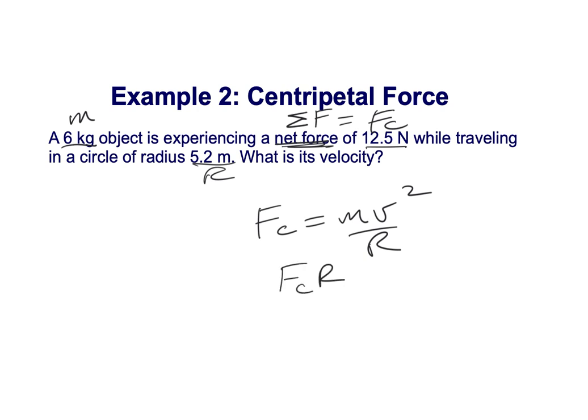I'm going to cross multiply: Fc times r equals mv squared. I'm trying to isolate what? The v. So divide both sides by m. Get v by itself. And then get rid of the square root sign by square rooting both sides.